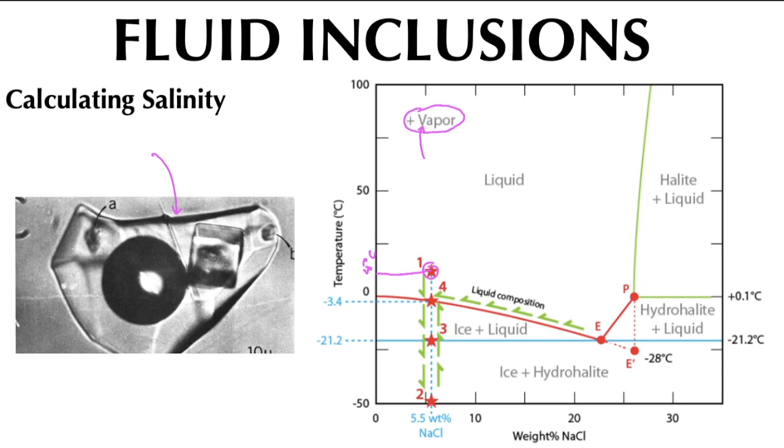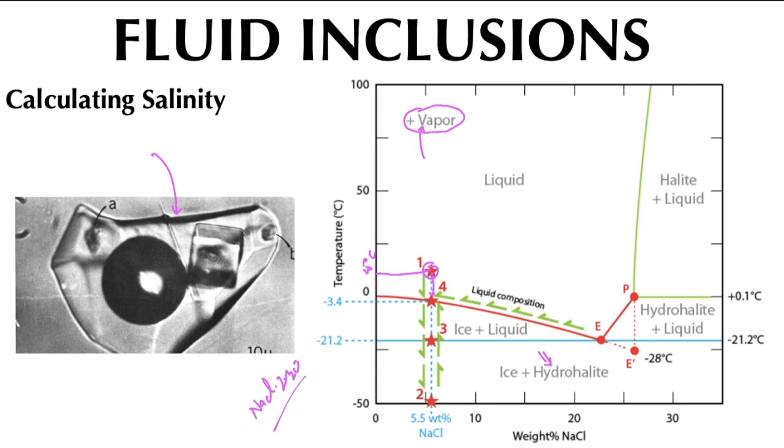Now when you are cooling it, when you cool this liquid, what happens is that it converts into hydrohalite. Now hydrohalite is NaCl.2H2O, right? It's a mineral. When you keep cooling it, it is not precipitating, rather it is solidifying.